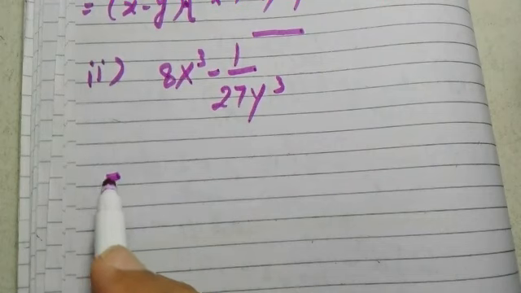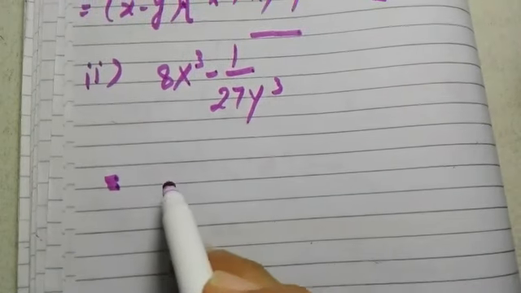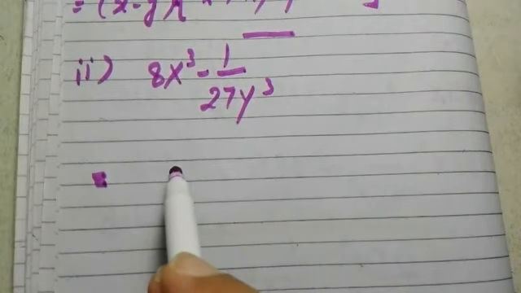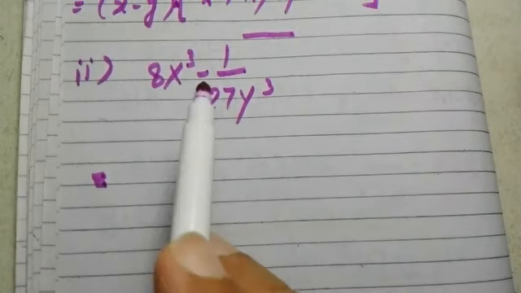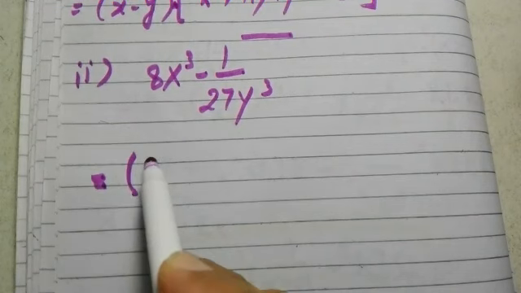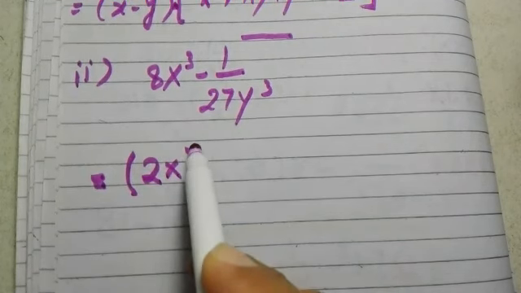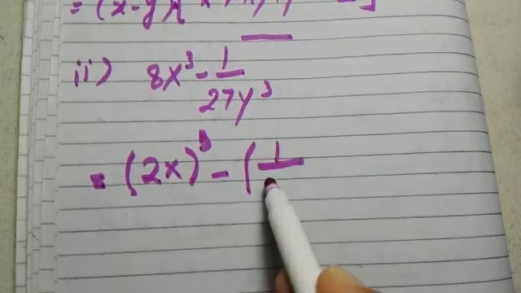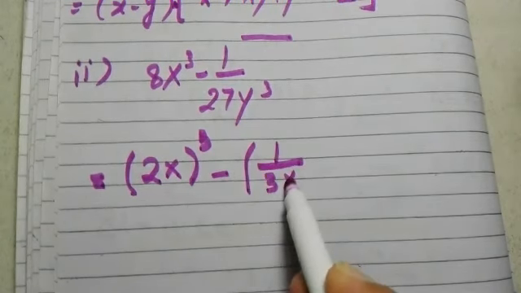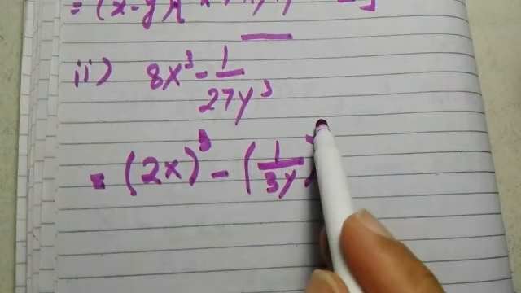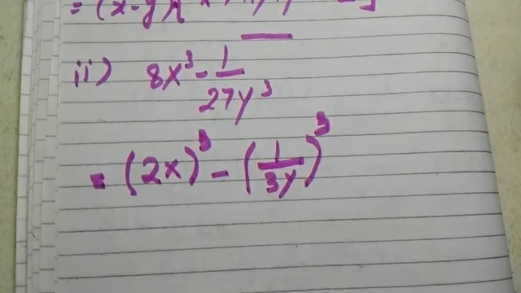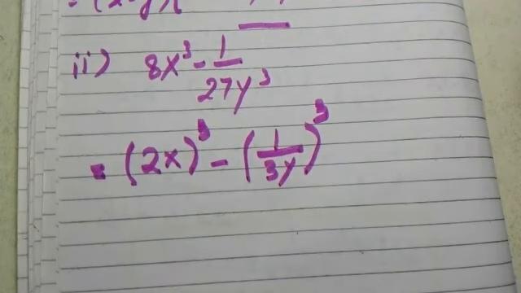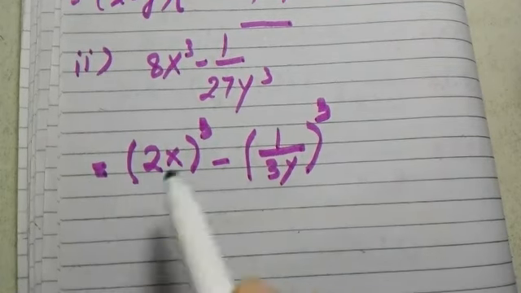For these questions, we will have to arrange the terms into perfect cubes like this one. Why are we arranging it? Because we are asked to factorize. And for factorization, we will use the same formula as I wrote just before.